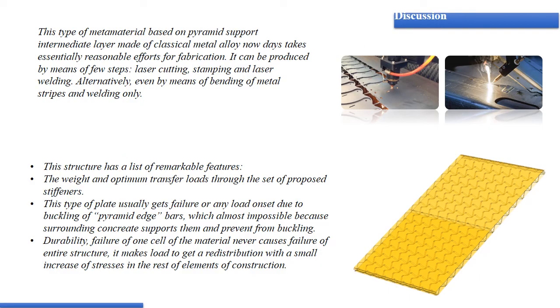So some words about how to produce this plate. It seems like it is difficult, but using modern laser machines, it is really affordable, because all procedures are very standard. We can do laser metal cutting, then some stamping, and then laser welding.